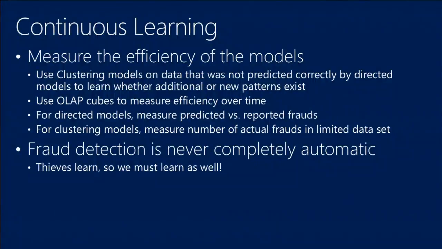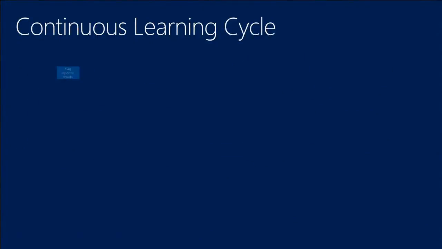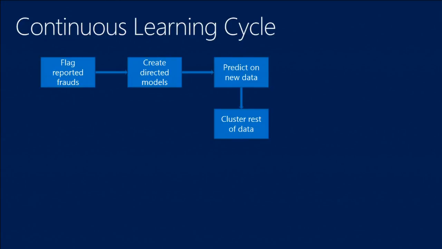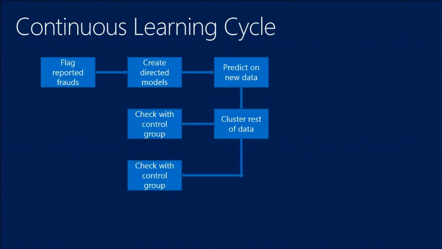Create detail packages and measure the efficiency over time. So what you got is this. You flag reported frauds, and then create directed models to learn on this previous knowledge, and then use them to predict on new data. And then, of course, you use clustering or undirected models on the rest of the data that was not used for directed models.